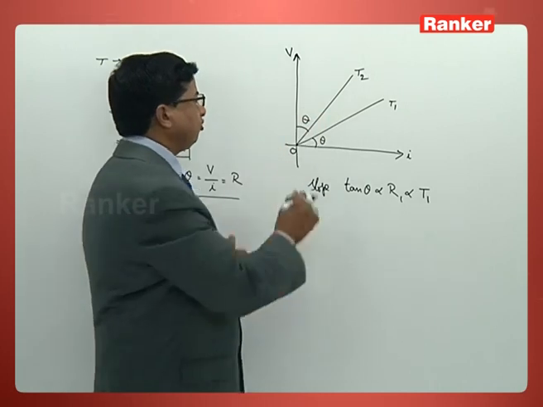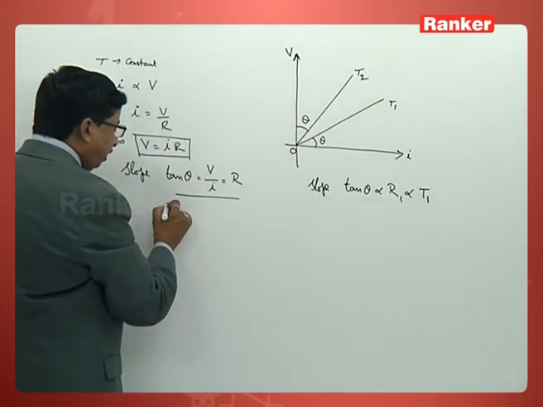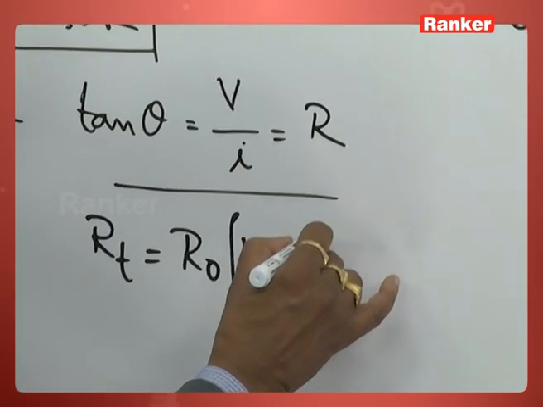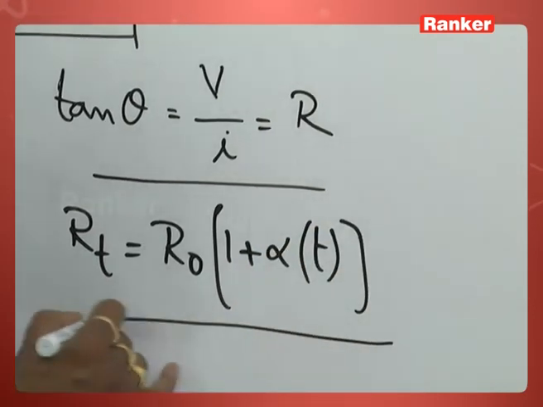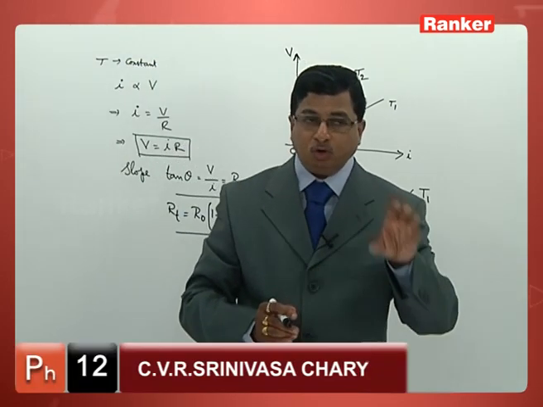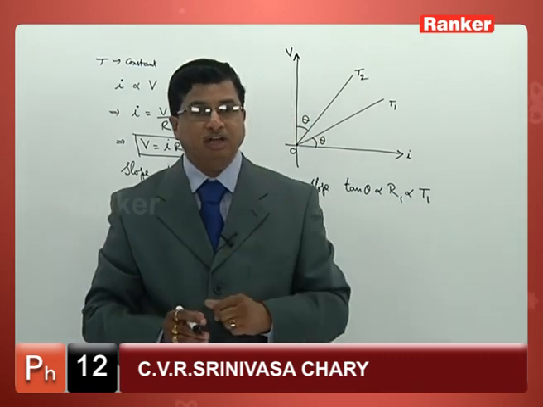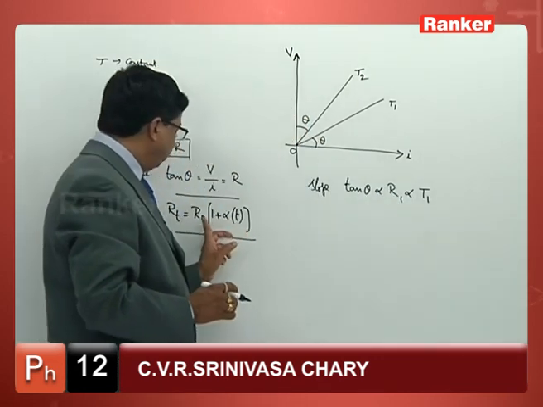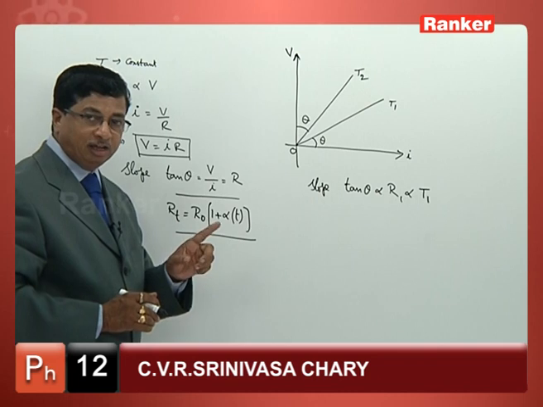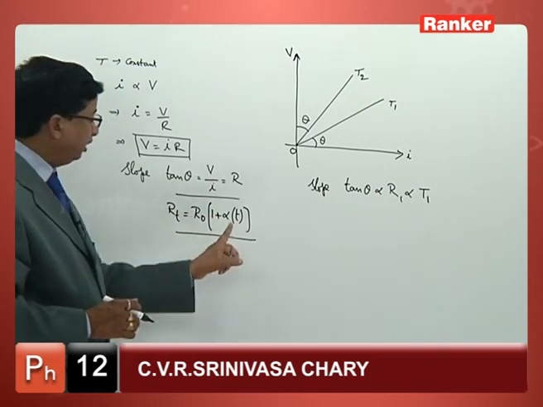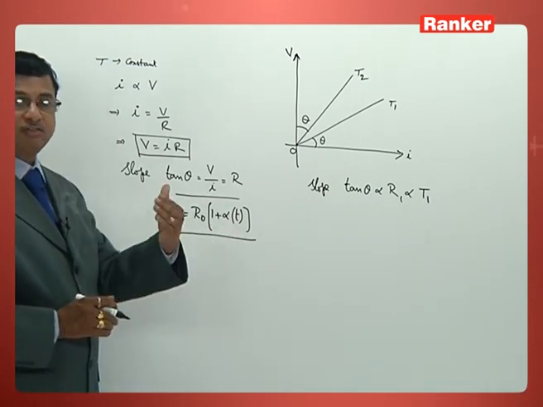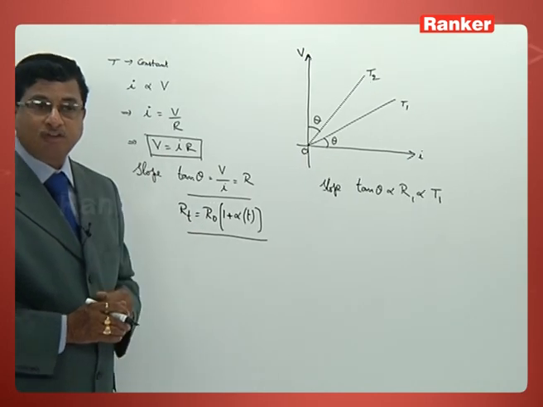Let me remind you: R at a temperature T is equal to R0 into 1 plus alpha into T. This is the relation between the resistances of a conductor at 0 degrees centigrade, R0, and at T degrees centigrade, RT.